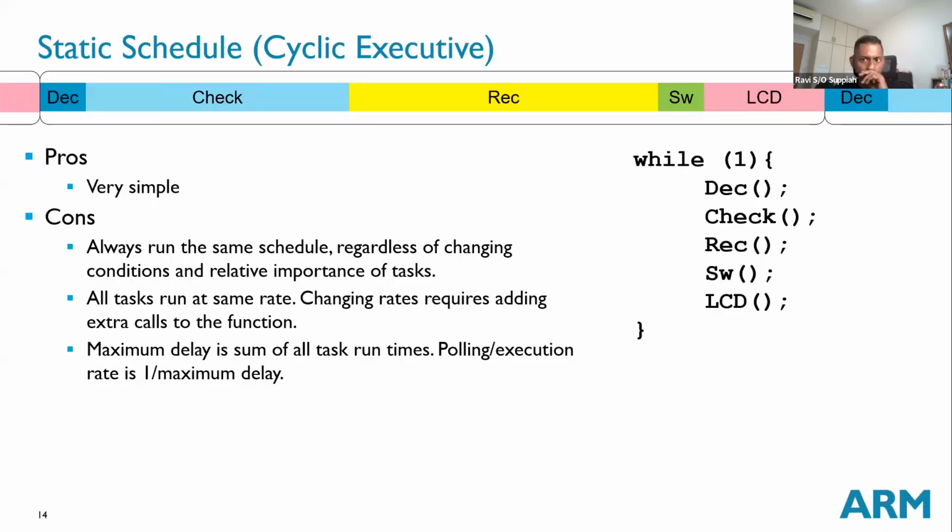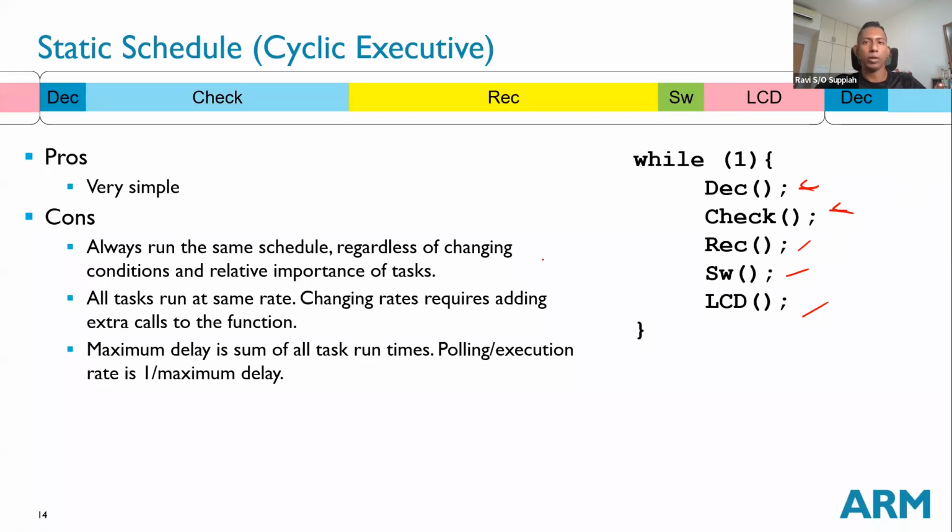So let's look at it from a different perspective each time. Let's take the easy way out first. The easy way out is I just write each of them as a function and run them in a while loop, function by function. This is of course the very easy and straightforward way to do it.